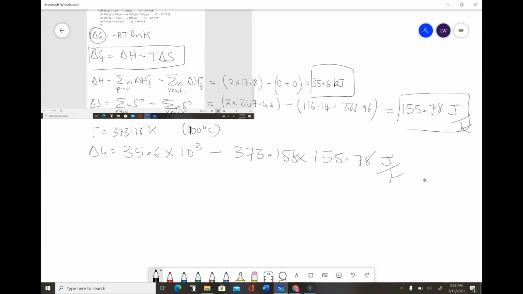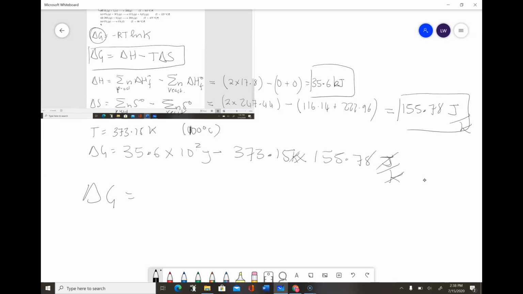So the Kelvin goes, and then that was in joules. Sorry, they don't cancel. Yeah, they remain. So this is going to give me my Gibbs free energy in joules.